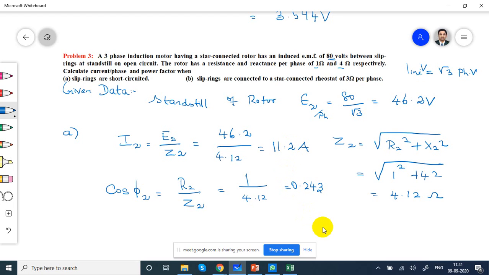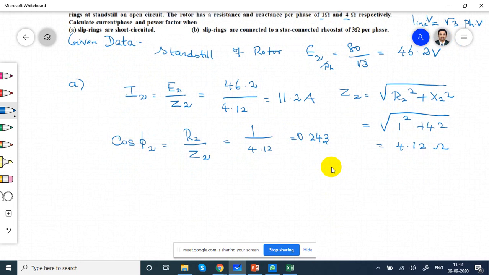Okay, 0.243. This is A part. Next, B. Now the machine is running, connected to star connected. The reason is that in your question the slip rings are short circuited. When the slip rings are short circuited in the rotor, the power factor we are getting will be 0.243.